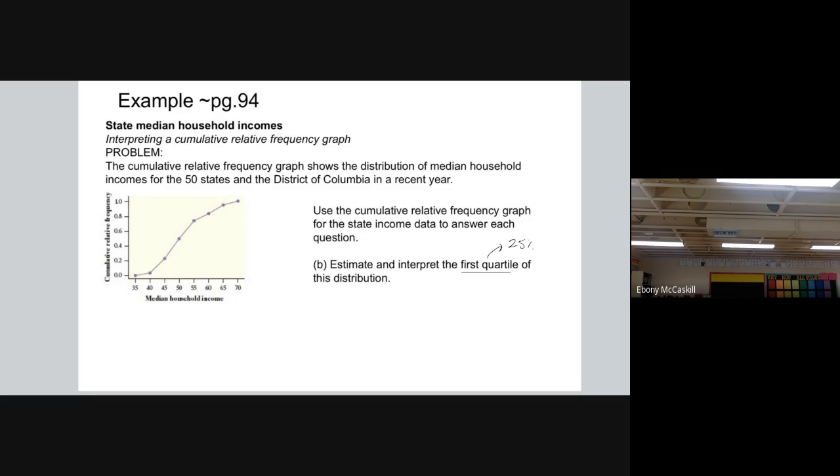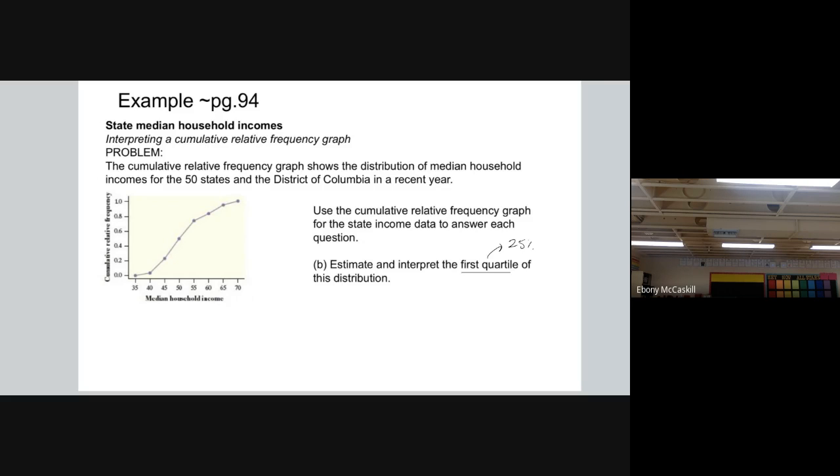Your x-axis is the income. Your y is the relative frequency. The relative frequency tells you everything that is less than or equal to. You remember that vocabulary, less than or equal to? Okay, so that means it's on your y.